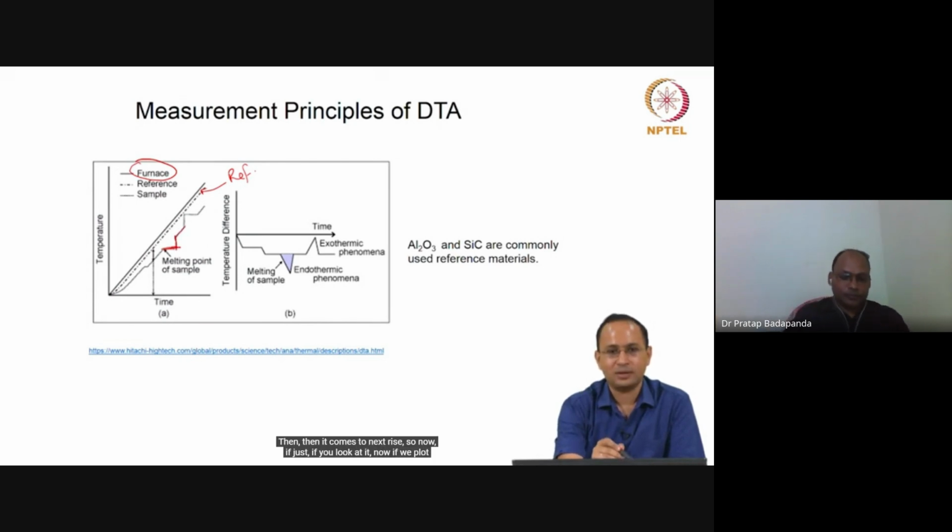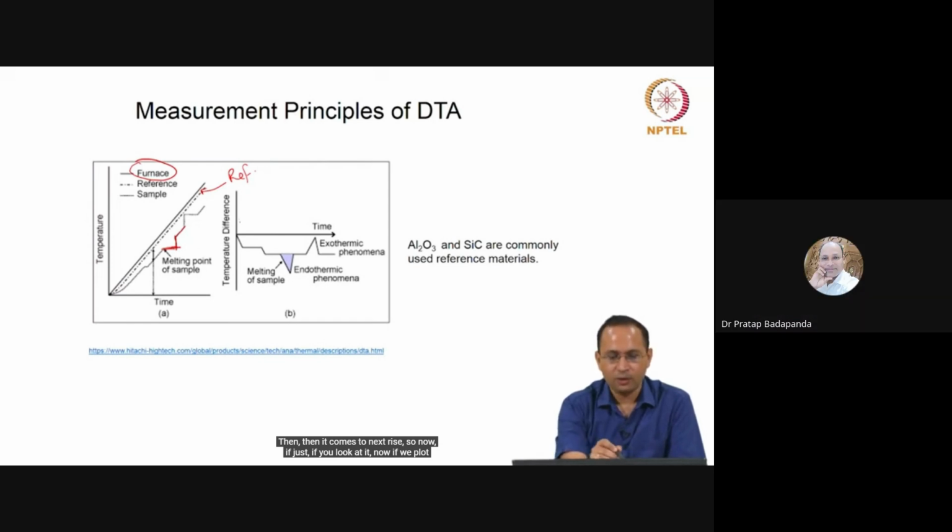Then it comes to the next regime. Now if we plot the temperature difference, as we said, in differential thermal analysis we are plotting temperature difference with time. So this is the time axis.